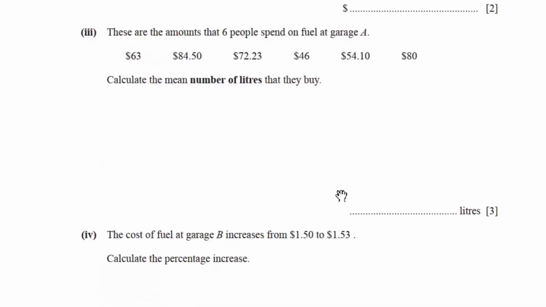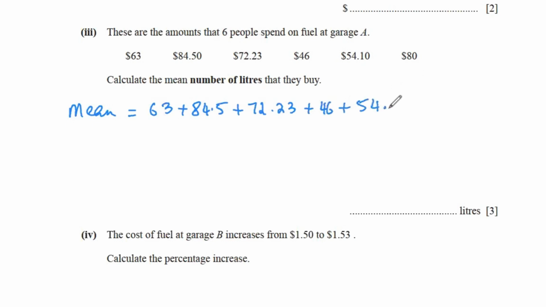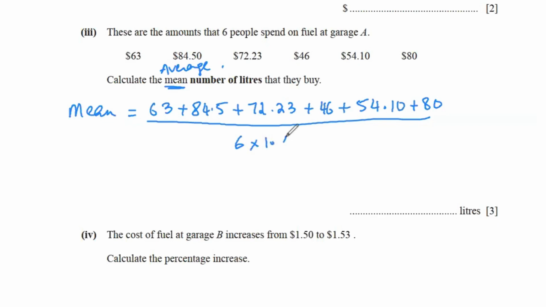Then it says these are the amounts that 6 people spent on fuel at garage A. Calculate the mean number of liters that they buy. To find the mean number of liters, we will add all of the values for the amount that they're spending and then divide by the total number of people, which is 6. So 63 plus 84.5 plus 72.23 plus 46 plus 54.10 plus 80. This entire sum is divided by 6 times 1.41.